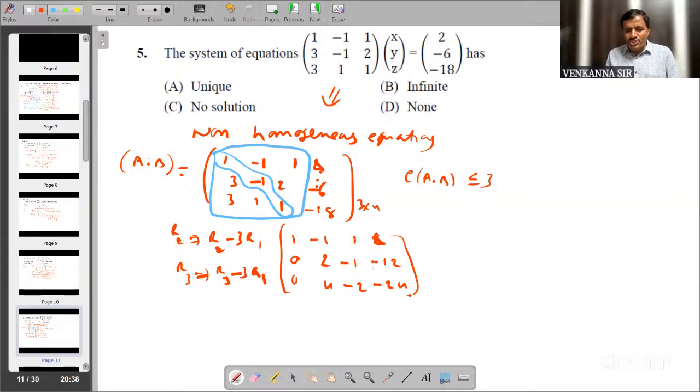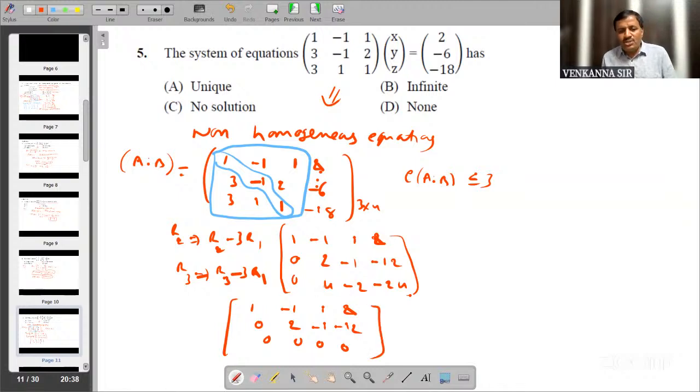If both are appearing proportional, directly write the first row 1 minus 1 1 2, the second row 0 2 minus 1 minus 12, and straight away write the last row as a zero row. That comes from R3 minus 2R2, which makes the last row a zero row.